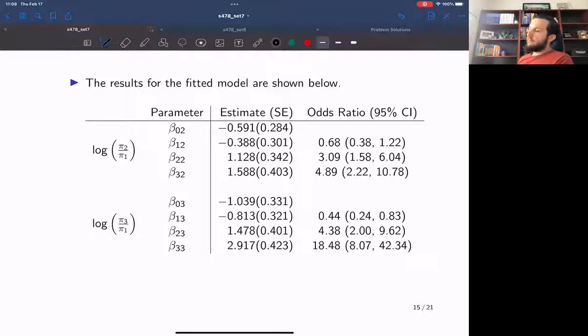If the confidence interval includes 1, as these confidence intervals represent odds ratios, that would essentially mean that the odds of experiencing a particular outcome given a certain exposure is not different to the reference level. Okay, and we'll talk more about that momentarily.